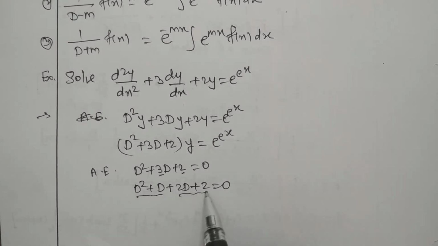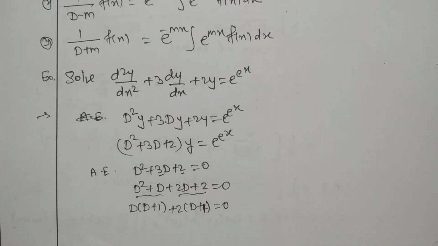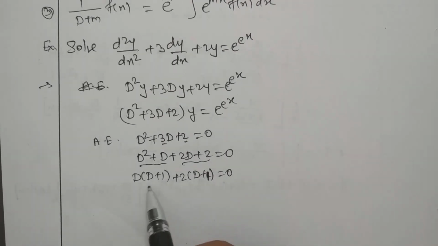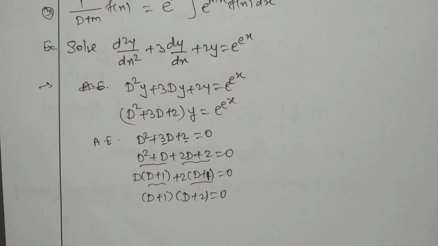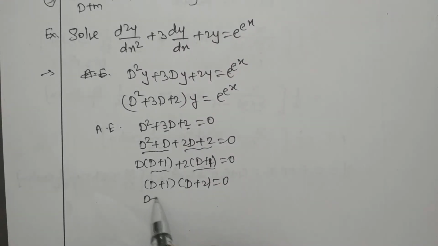Now from the first two terms we can take D common, so we will get D plus 1, and from the last two terms we can take 2 common, so we will get D plus 1 equals 0. So the D plus 1 factor is common, so we can write (D plus 1) into (D plus 2) equals 0. So the multiplication of two terms is 0, so you can write D plus 1 is 0 and D plus 2 equals 0.